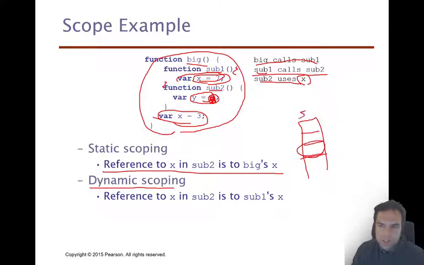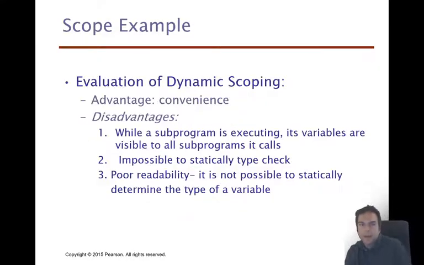Is the scope determined by the parse tree, or is the scope determined by the runtime stack, right? If the scope is determined by the hierarchy of scopes that you might encounter on a parse tree, then it would be static scoping. If it's from the runtime stack, then it's going to be dynamic scoping, right?